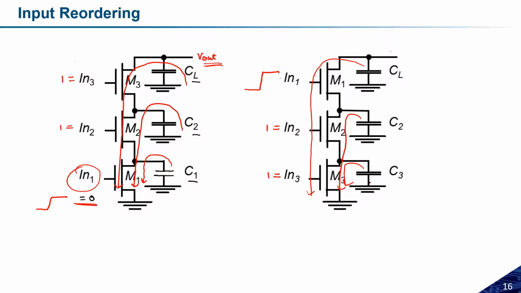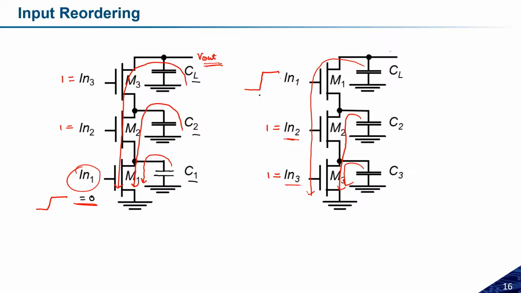But in the second case, because IN3 is 1 and IN2 is 1, this C3 will be discharged through this M1 because this is on. Similarly, this C2 will be discharged through M2 and M3 because both the transistors are in on state.